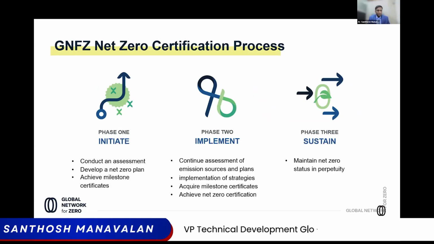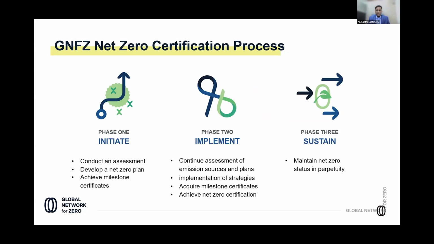And we do this in phase 1, phase 2, and phase 3, where we initiate, implement, and sustain. Projects can come to our platform, start reporting, and use the existing data sets we have with respect to the emission factors. They can implement the strategies with partners.